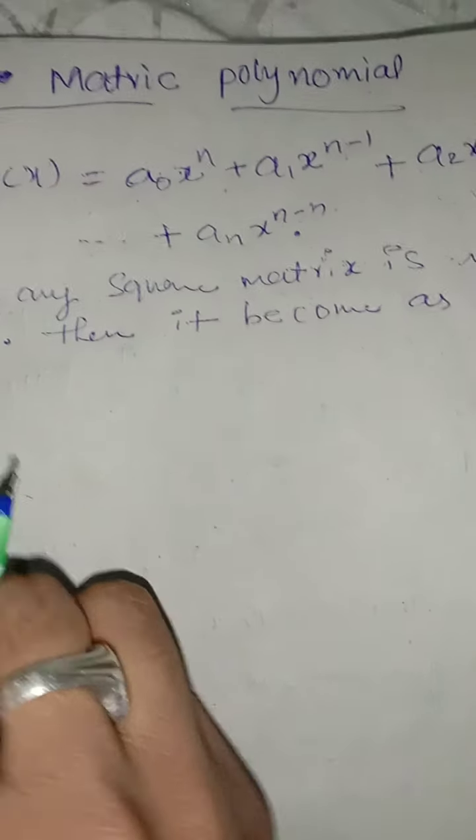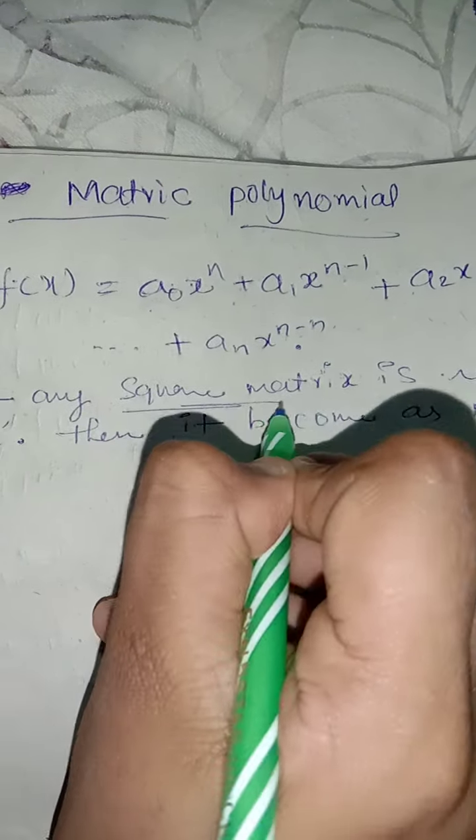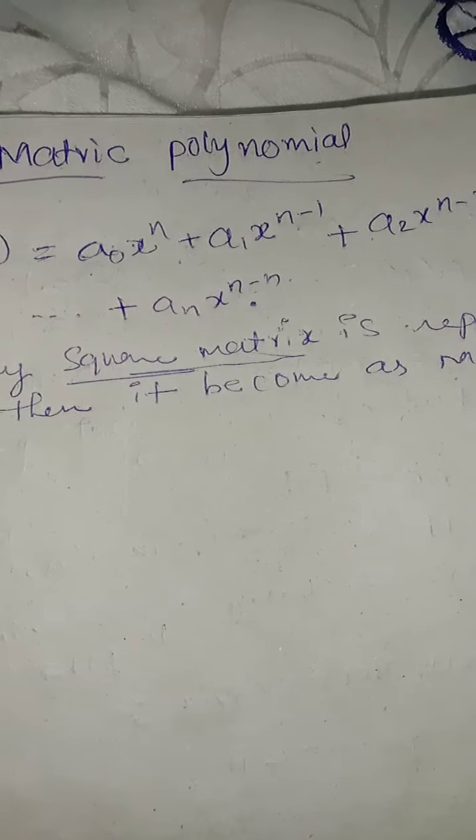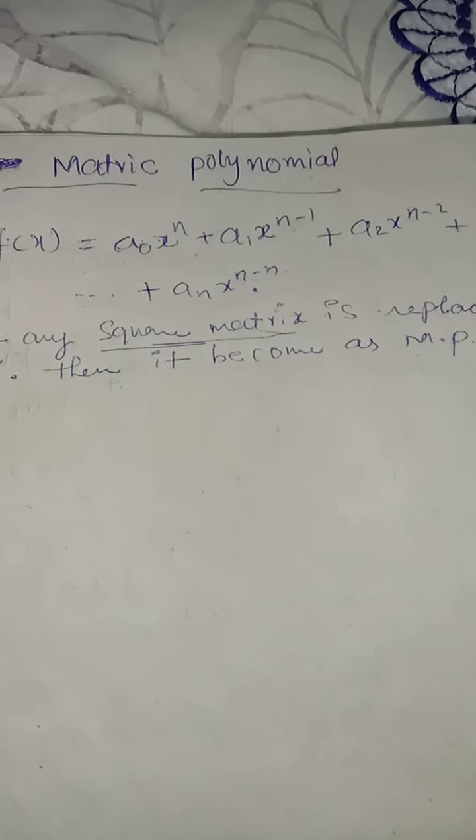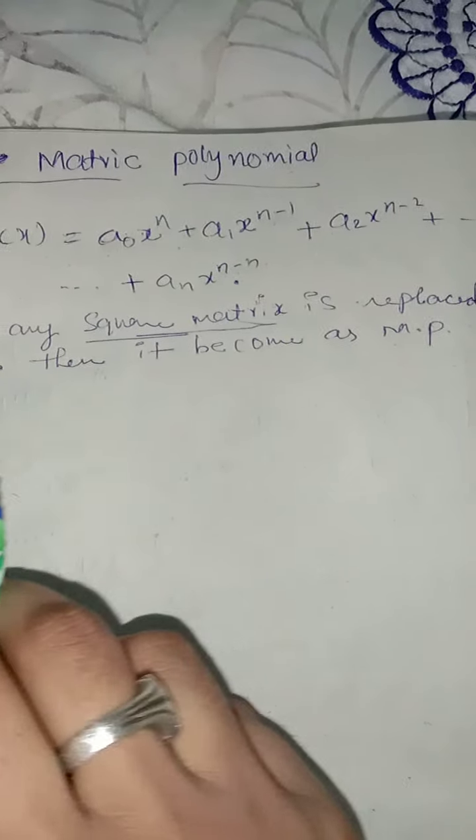I am only using the square matrix. Why am I using the square matrix? Because for addition of matrices, the order must be the same.